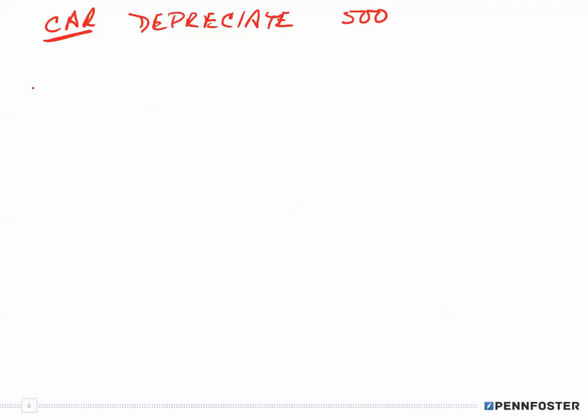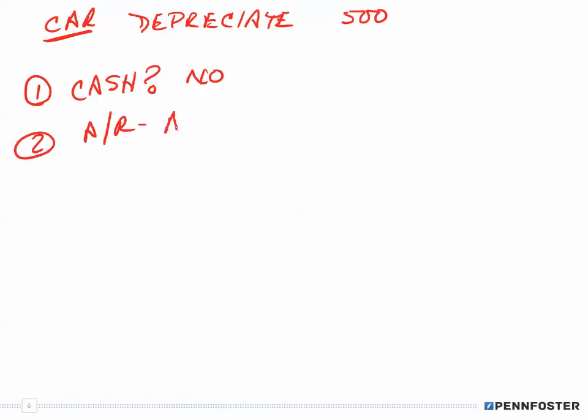So the first thing that we ask is, does this affect cash? And the answer to that is no, right? Well, if it's no, then we ask ourselves the second question: does this affect accounts receivable or accounts payable? No. Well then we move on to the third thing and we do what is easiest.